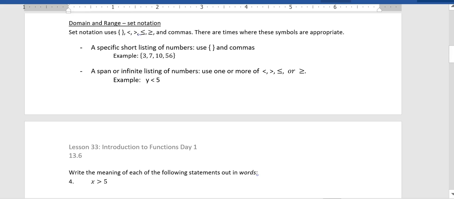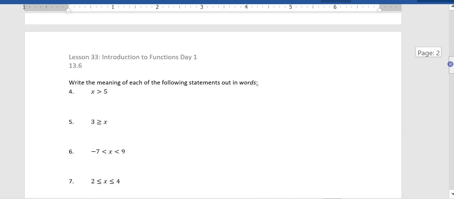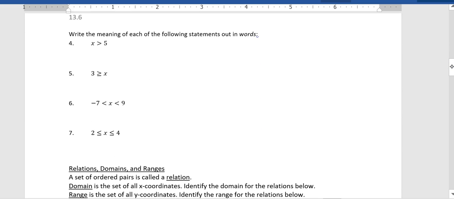I want to come down to the next page, look at problem 4. In problem 4, right above it, it says, write the meaning of each of the following statements out in words. I just want us to get familiar with what these are. So in number 4, we see x, a greater than sign, and then 5. So in words, this would mean x can be all values greater than 5.